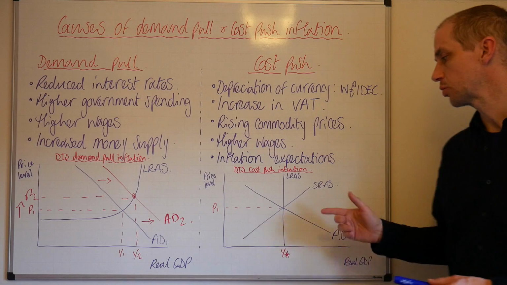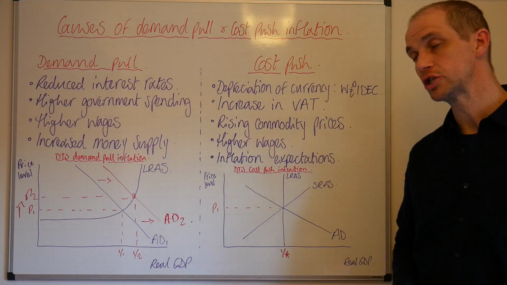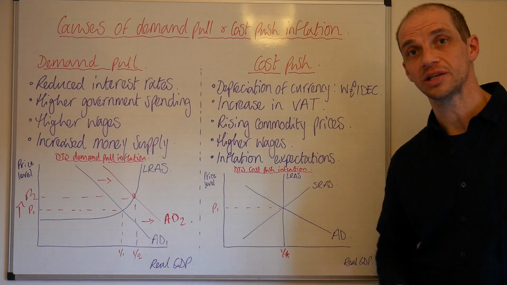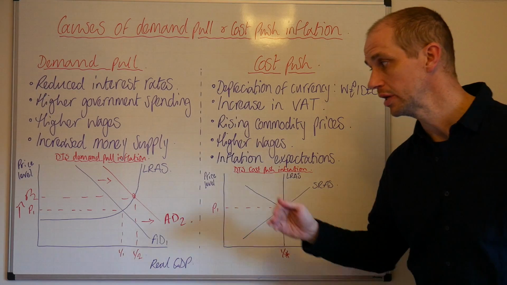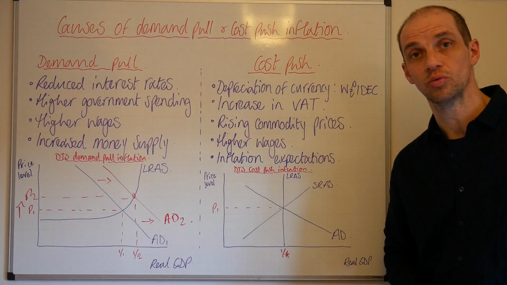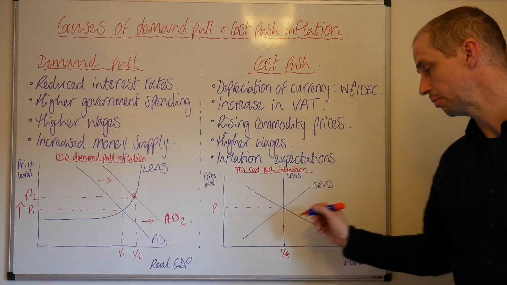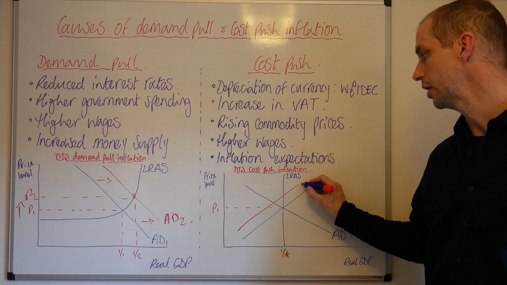Okay, so let's just quickly have a look at the impact of this when it comes to cost push inflation. Here I've just opted for a classical model. It's important that you become quite fluent in being able to use both the Keynesian and the classical, or monetarist, interpretation of the aggregate demand, aggregate supply model.